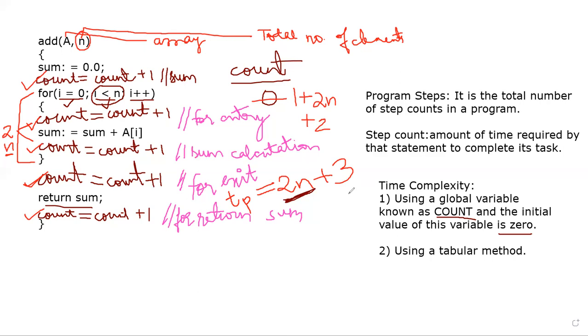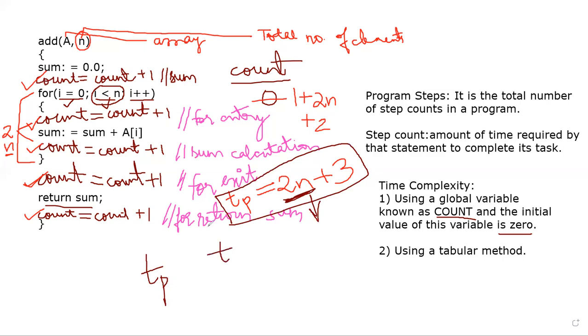So see, this variation is happening only because of this n value, and this n value is the instance characteristic of this program. So TP is equal to 2n plus 3. Time complexity is indicated by the term TP, small letter t and small letter p, where p means the program.